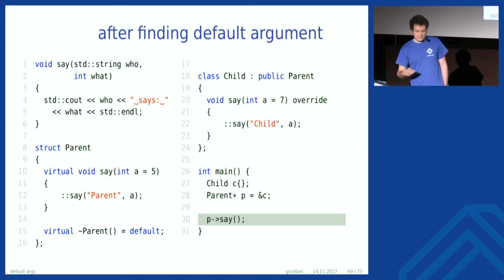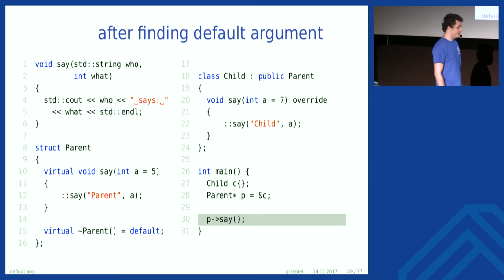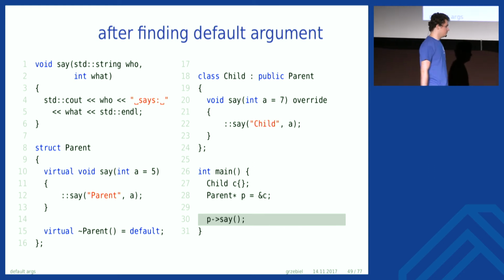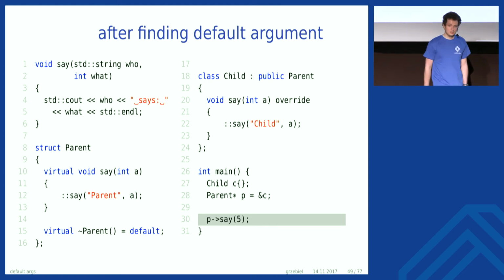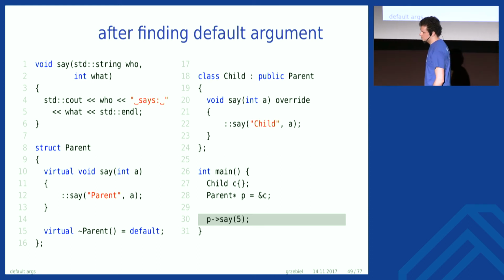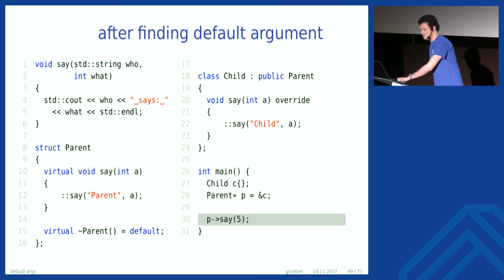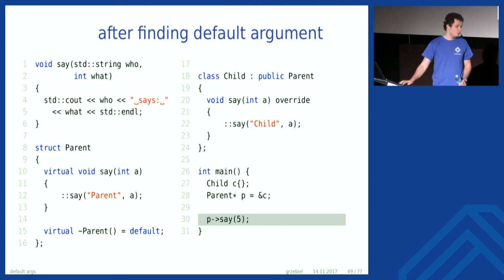In a great simplification, because the compiler found the function say in the base class, it just substitutes the arguments and gets rid of default arguments in the declaration, just to make the work easier. And at this point, this is the mystery of why the compiler produces such weird output.